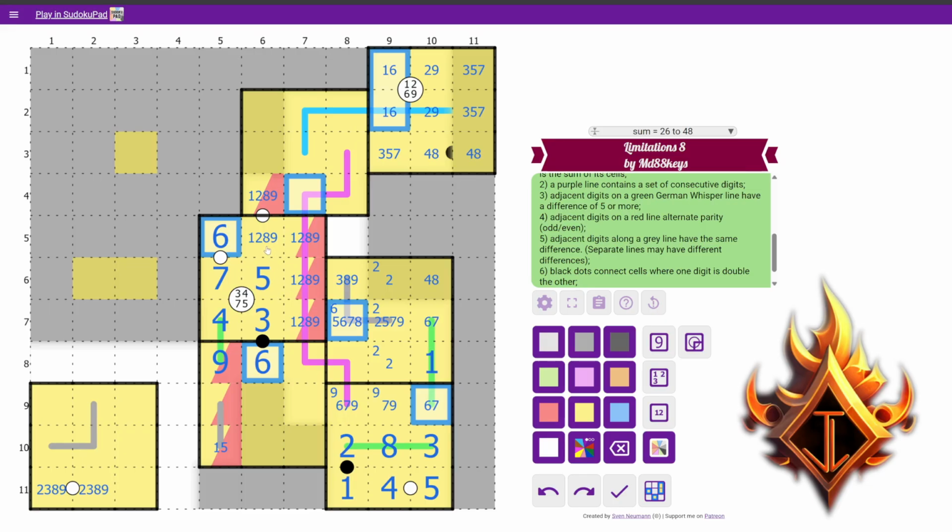And then 9 would go there. So 8 would go there. 8 would be in one of those.